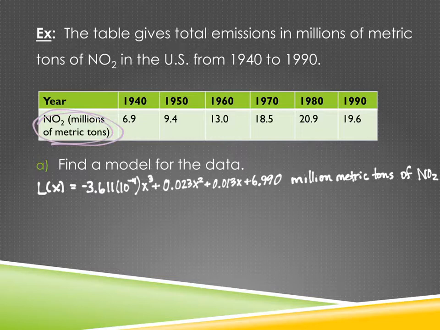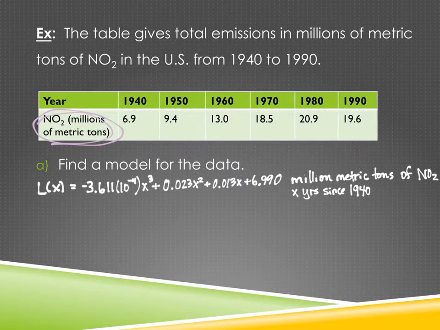That's my output units. What are my input units? Good. So if you entered 1940 as year 0, you have to write down that this is X years since or after, depending on how you like to write that, 1940. Because I put 1940 as year 0. That's my model for this data.